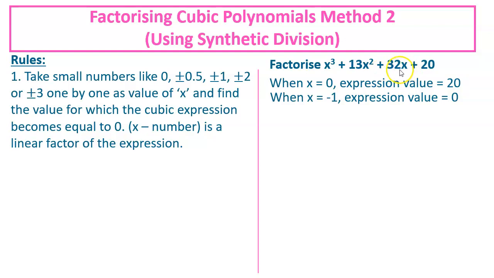So minus 32 plus 12 is minus 20, and plus 20, the value is 0. So when x equals minus 1, the expression value is equal to 0. So we have got the number which, when substituted in place of x in the expression, makes the value of the expression equal to 0.